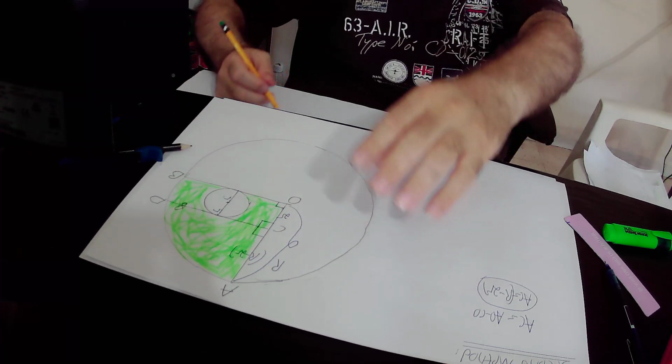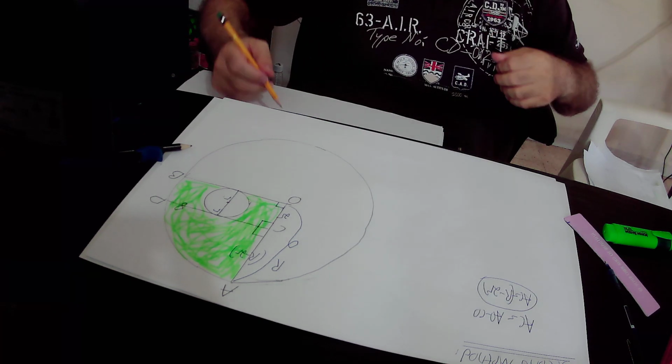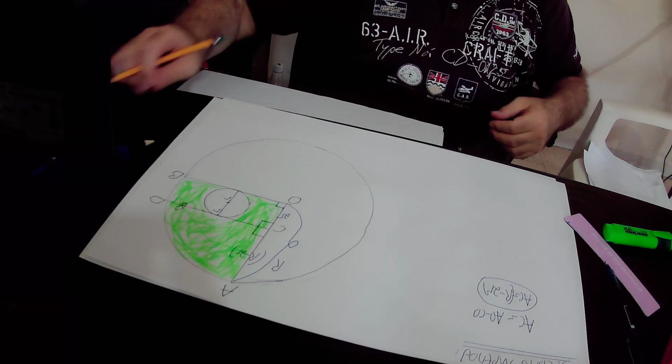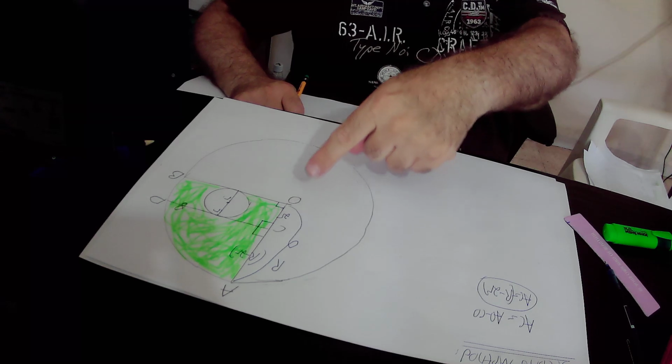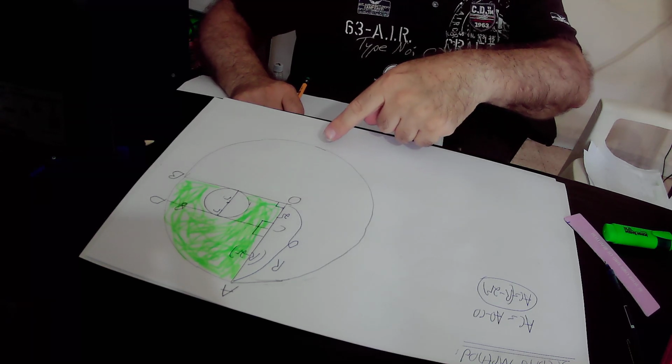So we completed the quarter circle to a circle. We'll extend the radius AO by straight line until it touches the circle.